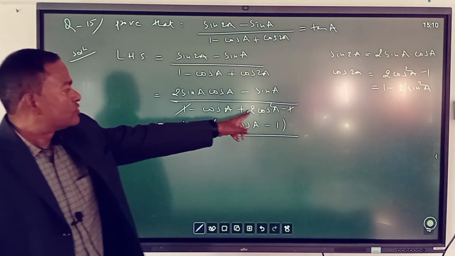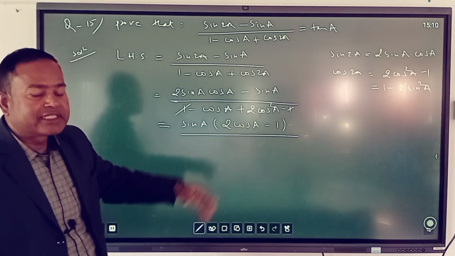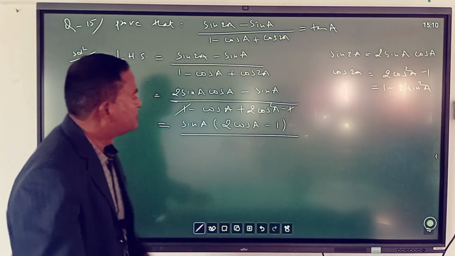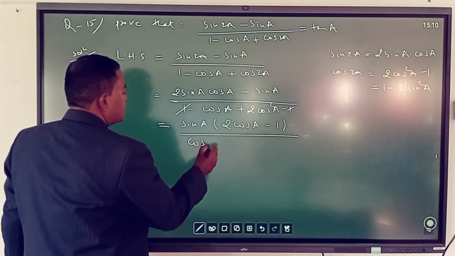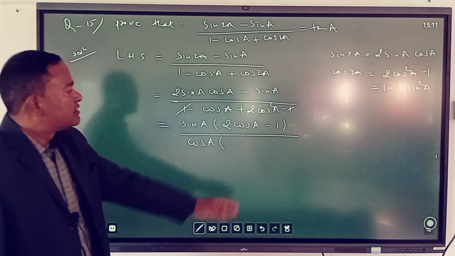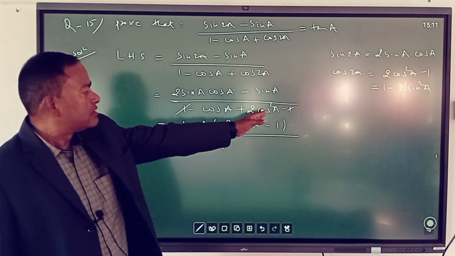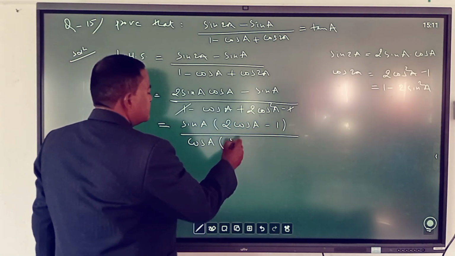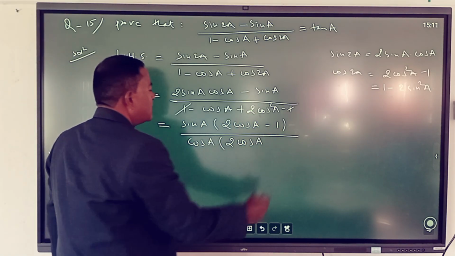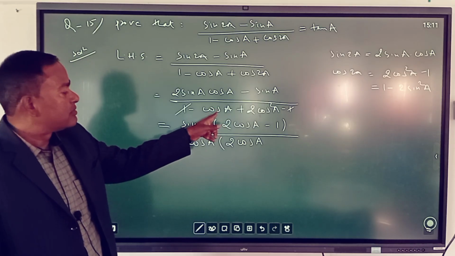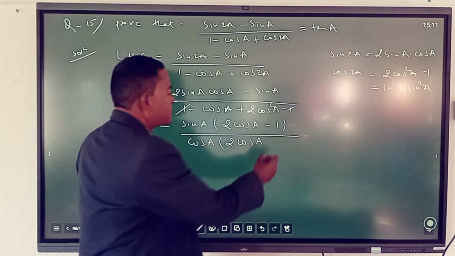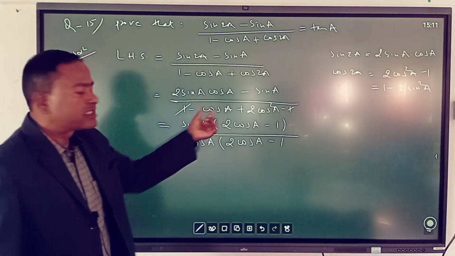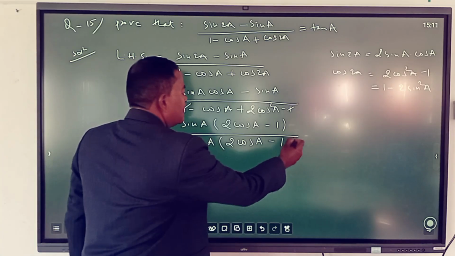Now from 2 cos square a and cos a, let us take cos a common. So dear student, if we take cos a common, then the remaining term will be 2 cos a minus 1, because cos a we have already taken common.